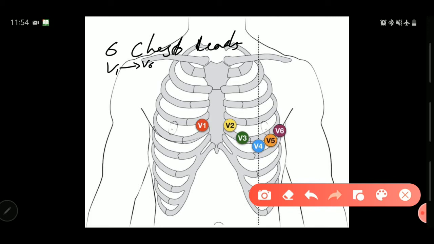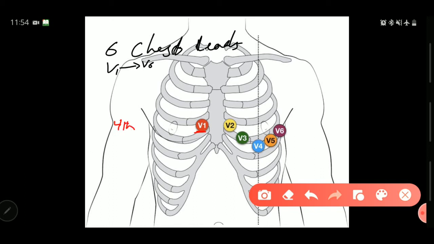Those chest leads are so important. It is so important to keep the position of all of them. Focus. The position is so important. So let us go from the first one. V number 1 of the chest leads, you have to put it at the 4th intercostal space.